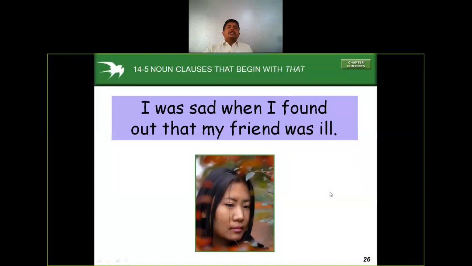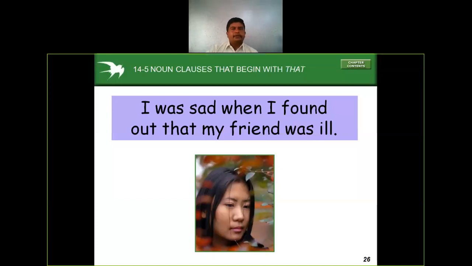Noun clauses that begin with that. Okay. Dear students, before going to this, I hope you have been understanding this chapter. You have to do multiple examples to practice. Now, noun clauses that begin with that. I was sad when I found out that my friend was ill.